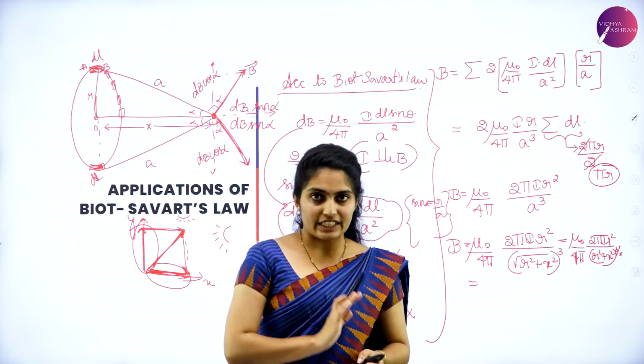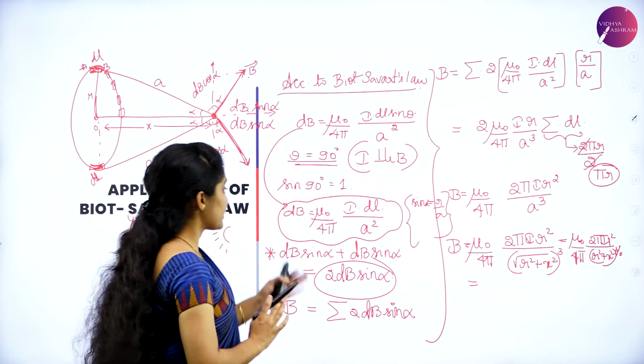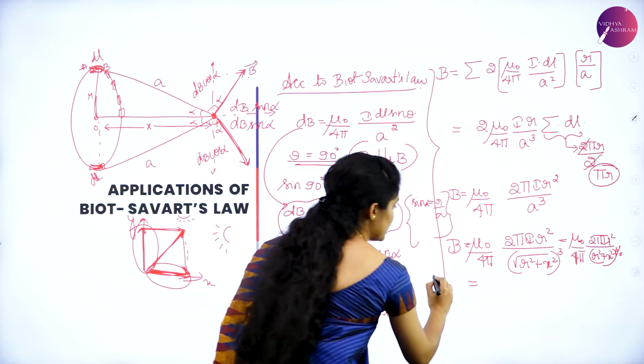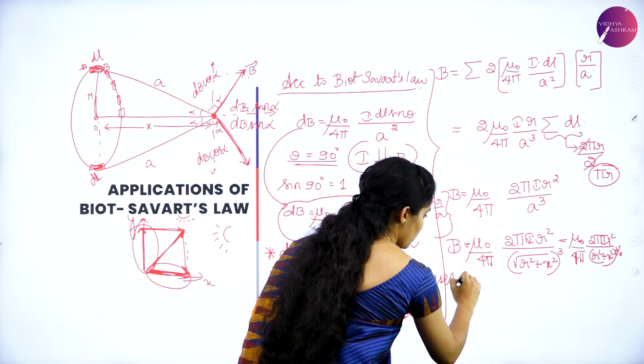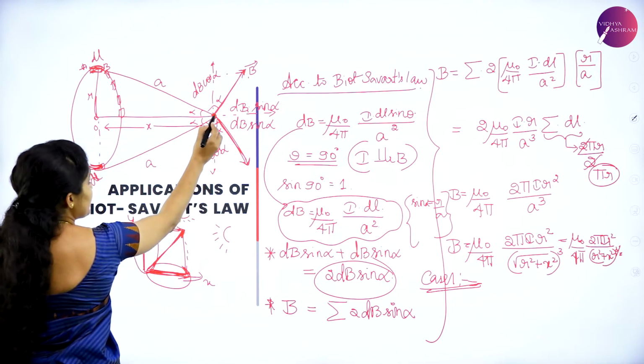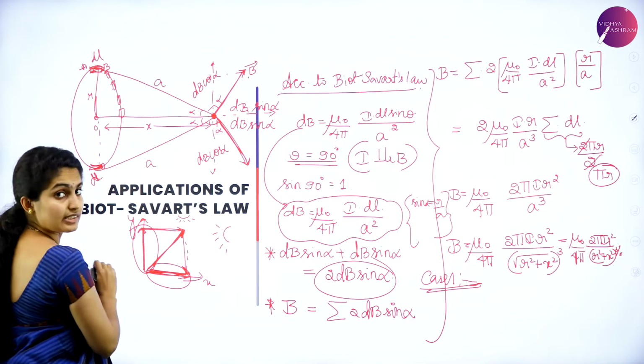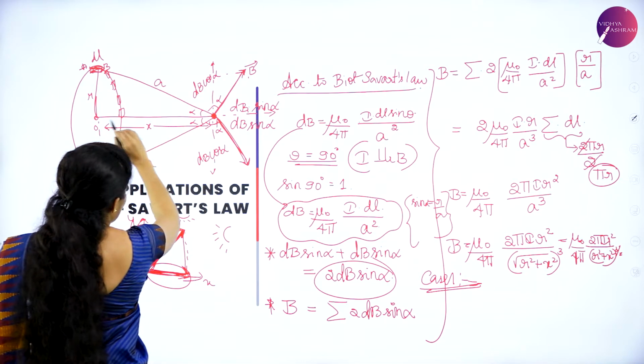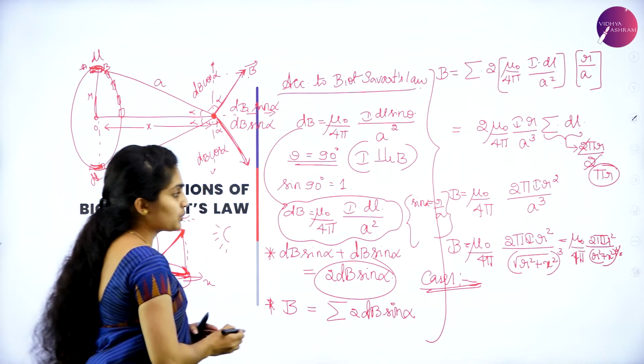Now the conditions or the cases. Suppose this is case 1. If the point is lying at this point itself, there is no distance, so you can consider x is equal to 0.